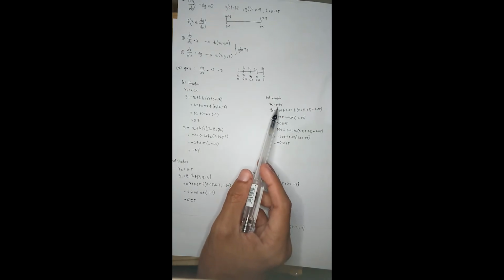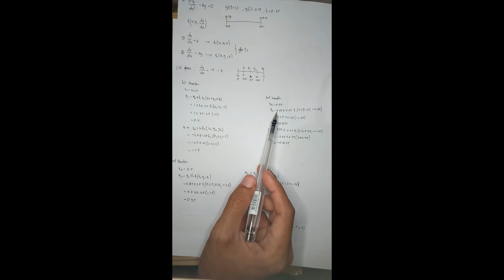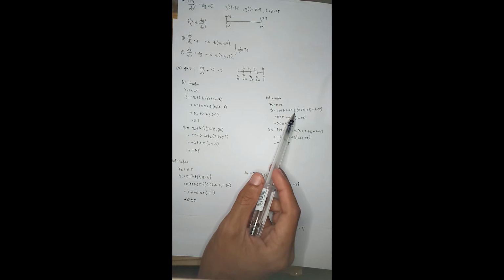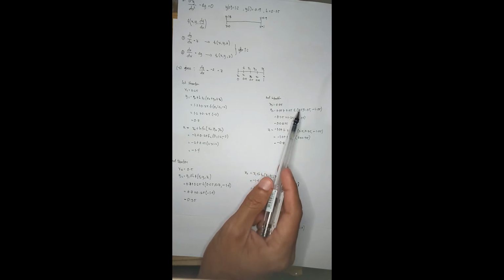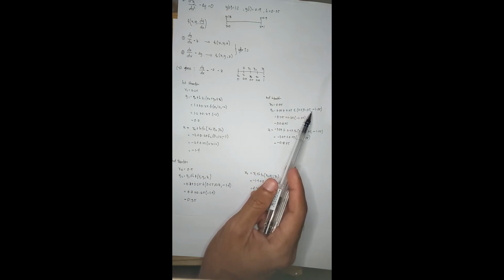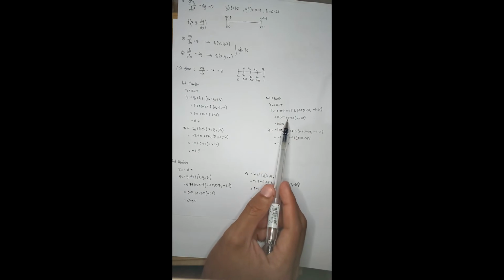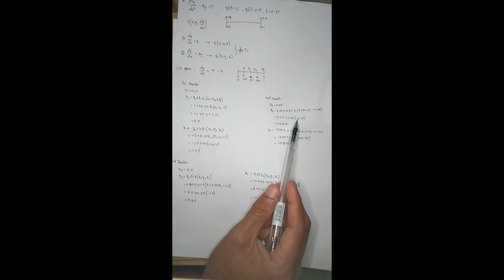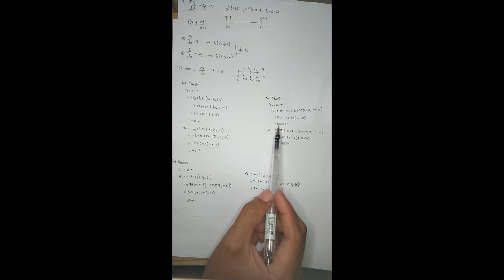Let's proceed to the third. x3 is equal to 0.75. y3 is equal to 0.35 plus 0.25 f1 times 0.5, 0.35 and negative 1.05, which is equal to 0.35 plus 0.25 times negative 1.05, which is equal to 0.0875.